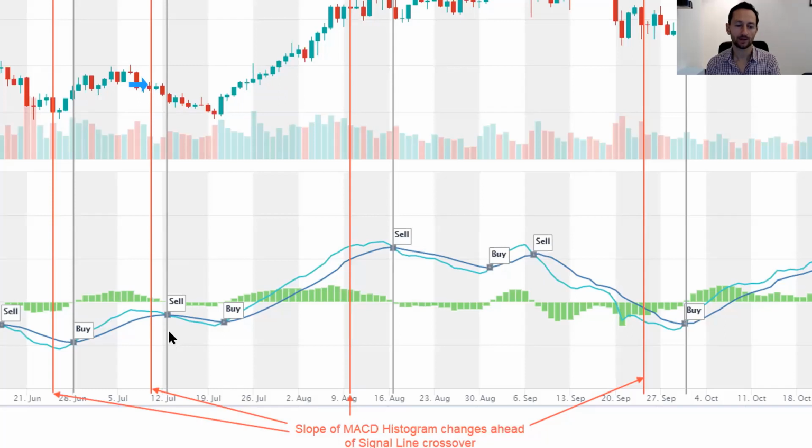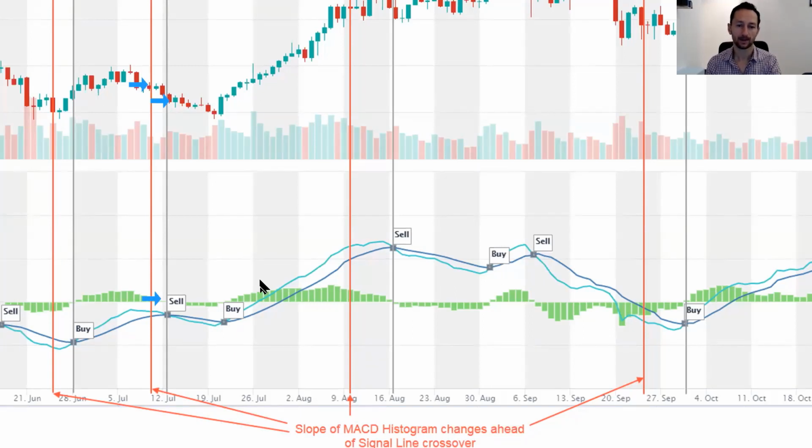Whereas if we waited until the actual signal line crossover, which is the gray line, we would have sold lower right here. So our exit would have been better. We would have had a more profitable trade if we had used the MACD histogram.